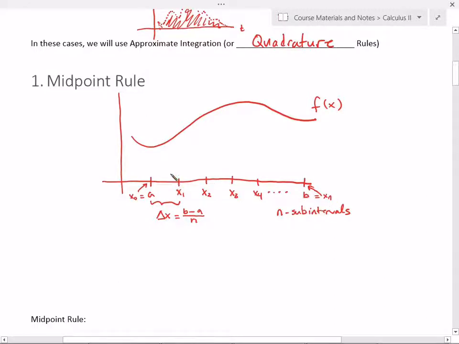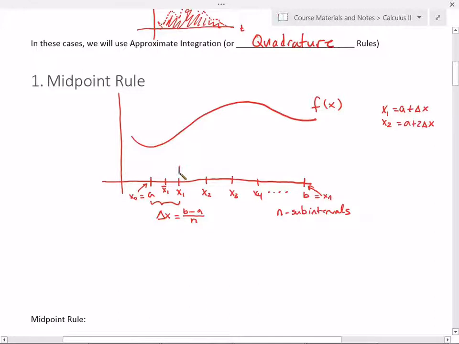So for this first interval from x0 to x1, I'm going to find the midpoint, which I'm going to call x1 with a bar over the top of it. By the way, it's actually very easy to find the x's because I'll just come over here to the right side and write that. x1 would be a plus delta x. x2 is a plus 2 delta x. You just keep adding another delta x each time to get the next value, right?